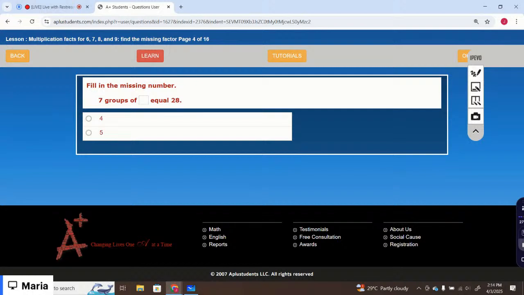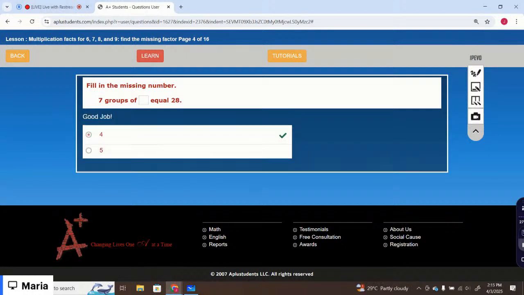Given the missing number, 7 groups of missing number equals 28. Seven times 4 is 28. Option number 1 is the correct option.